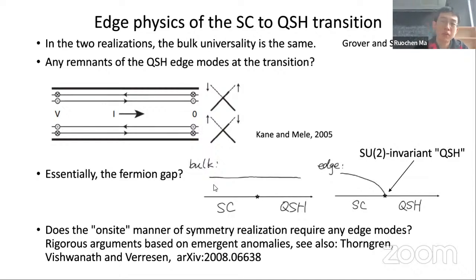And there is a rigorous argument based on the notion of emergent anomaly. Regarding this problem, you can check a remarkable study listed here. The result based on the argument of emergent anomaly is that at the phase transition at the edge, if the full symmetry group, the SU2 spin symmetry and the charge conservation, is preserved, then a single fermion gap must vanish on the edge.